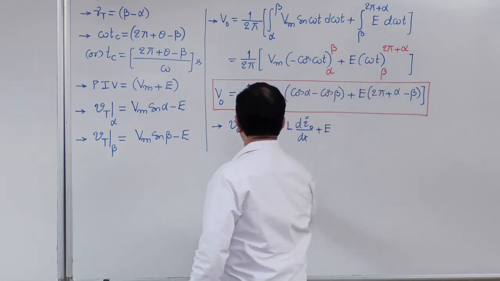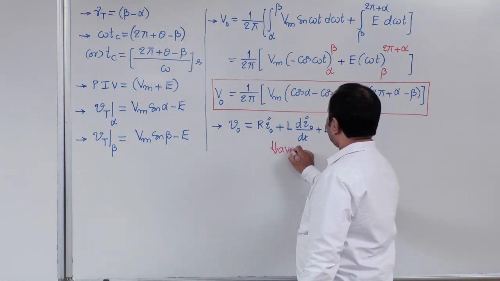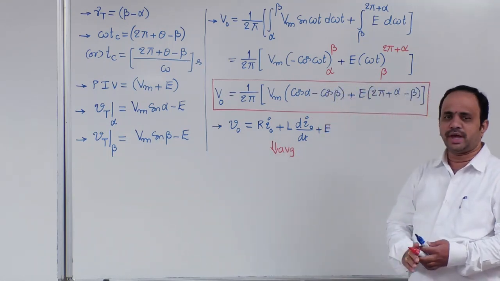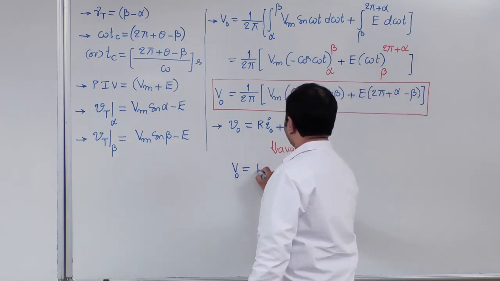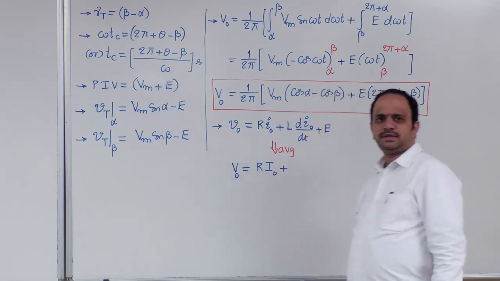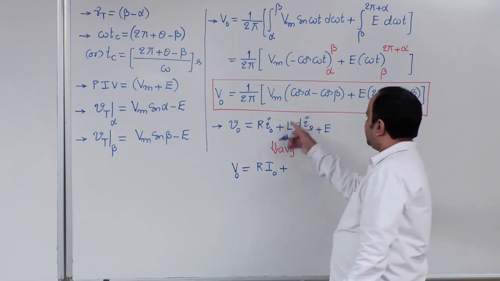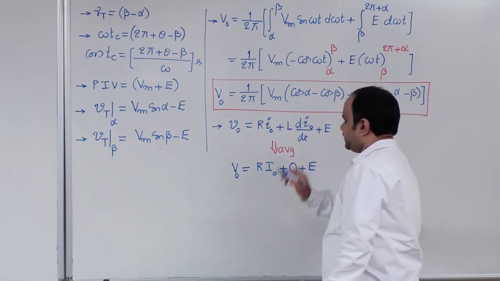So if you convert this equation into average terms, capital V naught is equal to R multiplied with I naught, where capital I naught is the average current, plus L dI by dt average value, which is 0, plus E.